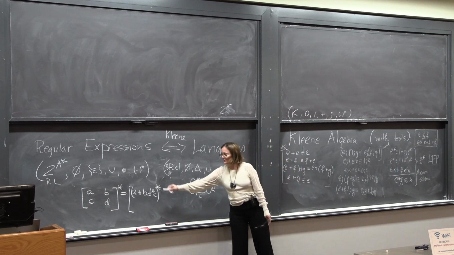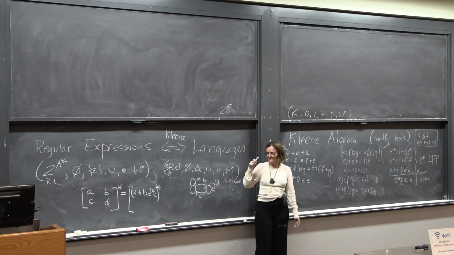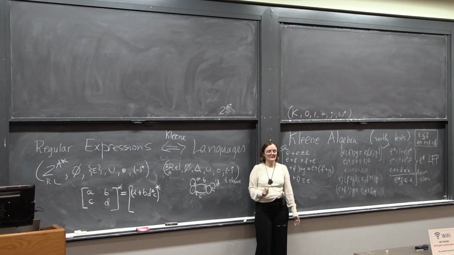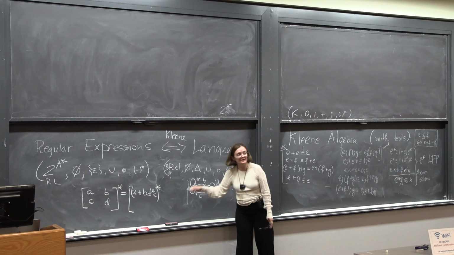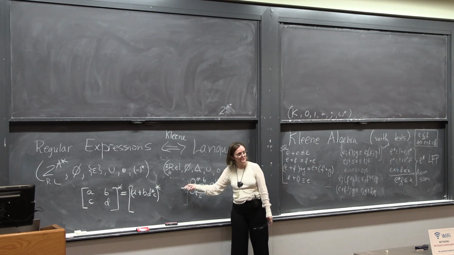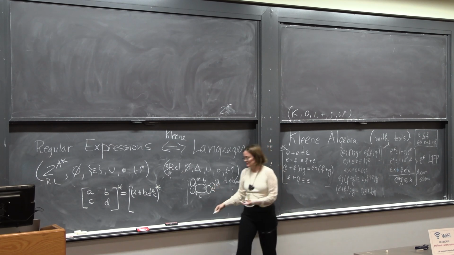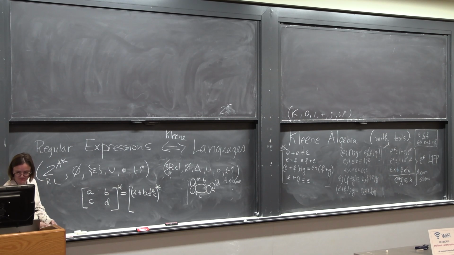If I look at the whole thing with the star, then I have an expression describing all paths from 1 back to 1. And that's exactly what the entries of this matrix are going to be for every single entry. So if I look at the entry 1, 2, I'm going to write every path from 1 to 2.